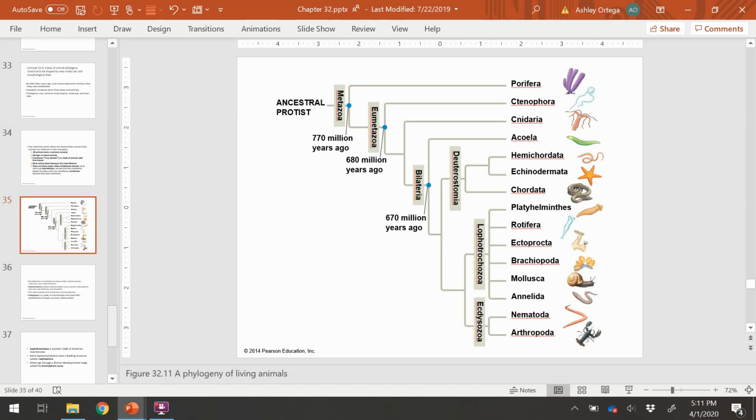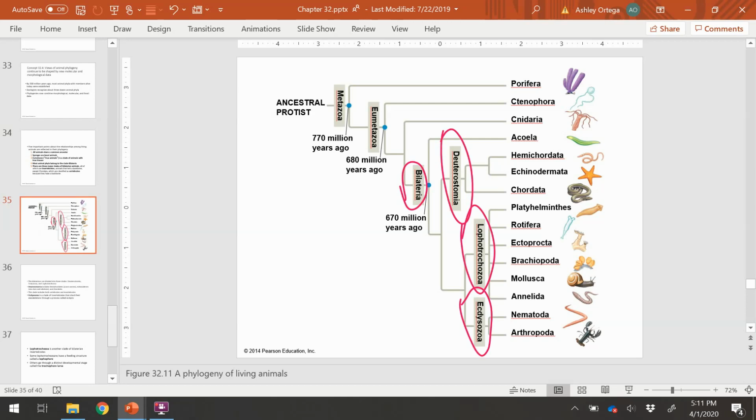And so looking here, this is a current phylogenetic tree. And in the next chapter, we will make our way down this tree, looking at these large groups of animals here. And so you'll see the words Bilateria, Deuterostomia, Lophotrochozoa, Ecdysozoa pretty frequently.